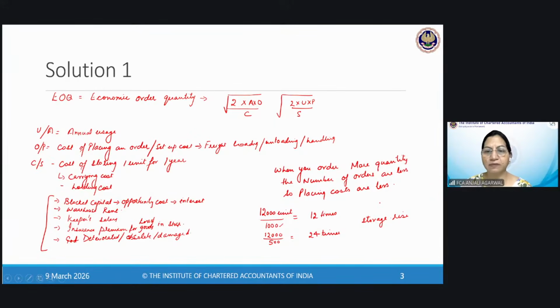So that is the concept when you have added purchase or ordering cost. Storage and placing behave differently. If you take it on a graph, where you keep the number of orders on the x-axis and the rupees or cost on the y-axis, then the more the number of orders, placing cost tends to rise.